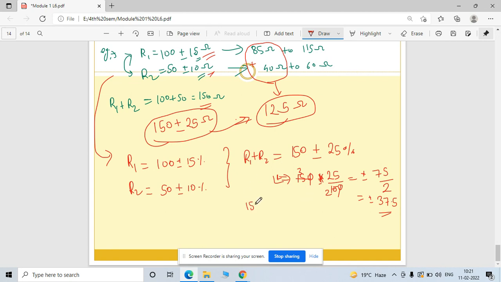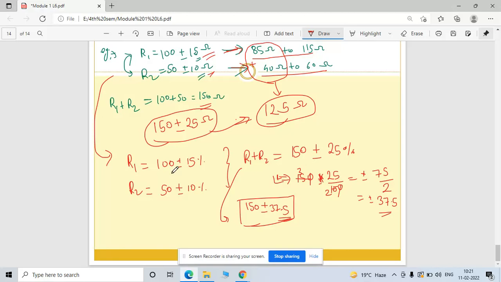So 150, what is the range? 150 plus minus 37.5. So at this time you will get 150 plus minus 37.5, but this is wrong, right? Compare these two things. This is the actual specified range.